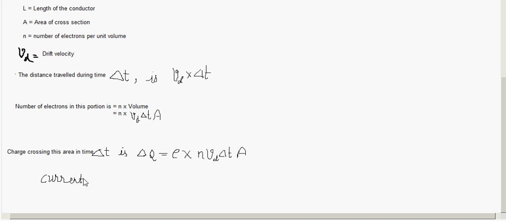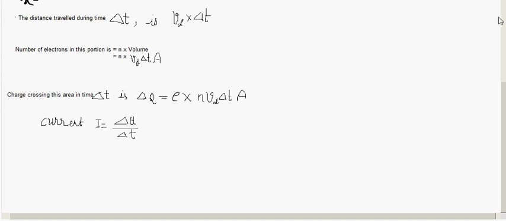current I is delta Q by delta t, which is equal to e n Vd delta t A divided by delta t.